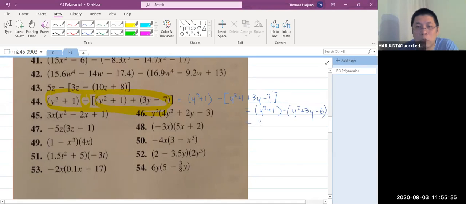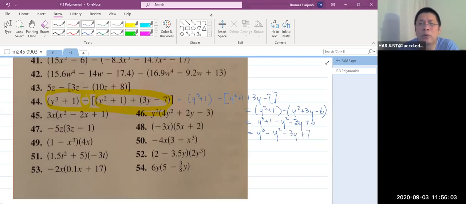Then I open the parentheses, distributing the negative on the second group. So I get y cubed minus y squared minus 3y plus 7. Am I doing okay? Okay, good.